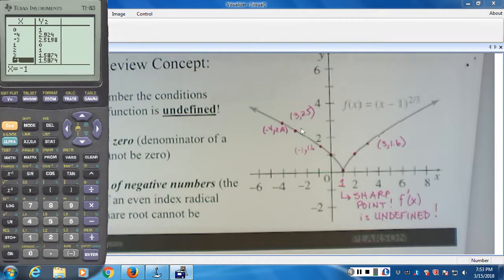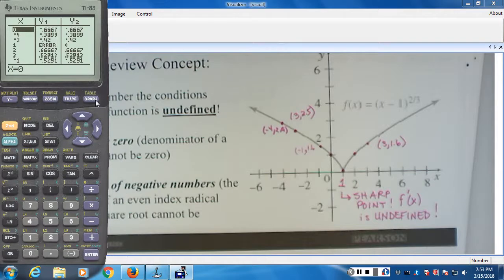And this also brings up something else I want you to pay attention to. This is a warning to you. What does the calculator say the value of the derivative is at x equals 1? 0.